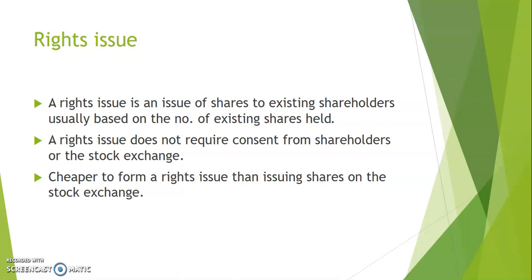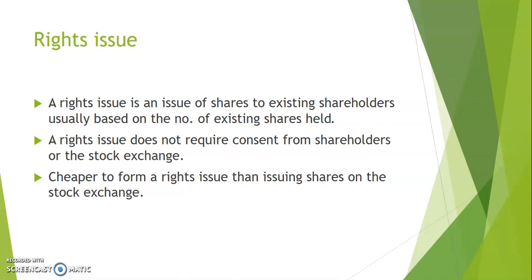So it's better in some sense to sell shares to existing shareholders than opt in for new shareholders, simply because the more shares that go on the exchange to new shareholders, the more control you lose. So it's better to sell them to existing shareholders, and that way decision making is not being diluted.